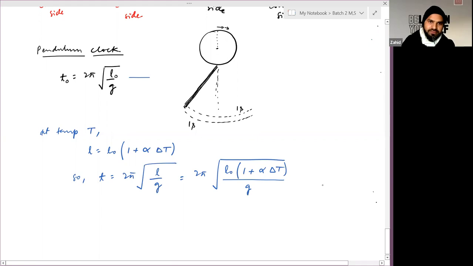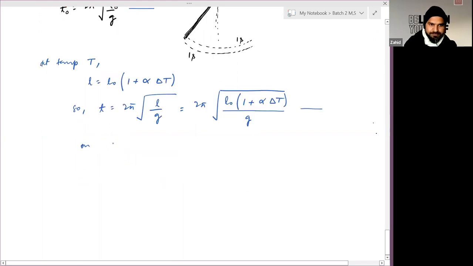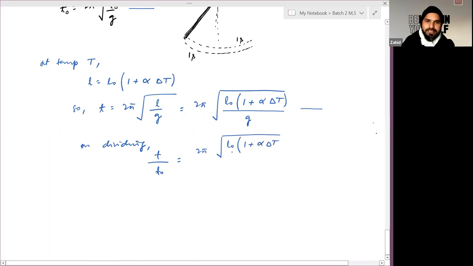Let's say this is equation first and this is equation second. So on dividing, T divided by T naught equals 2 pi root under L naught (1 plus alpha delta T) divided by g, whole divided by 2 pi root under L naught by g.